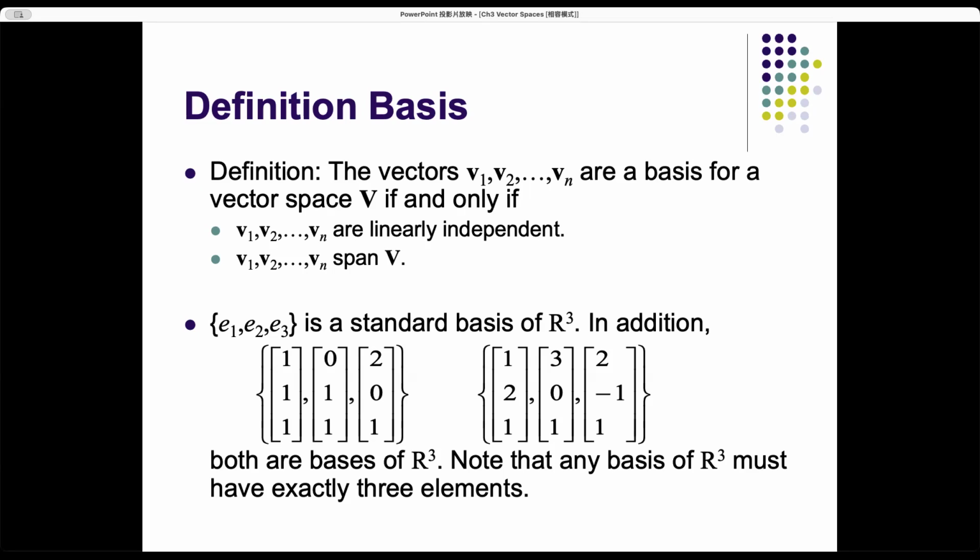In addition, these two sets, 111, 011, 201, and another set 121, 301, 2 negative 1 1, these two sets of vectors are bases of R3.